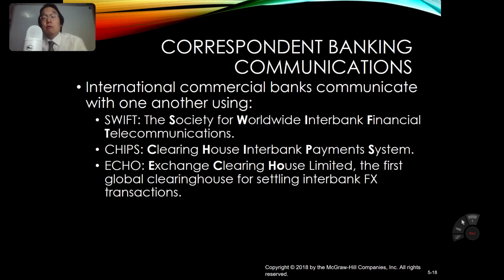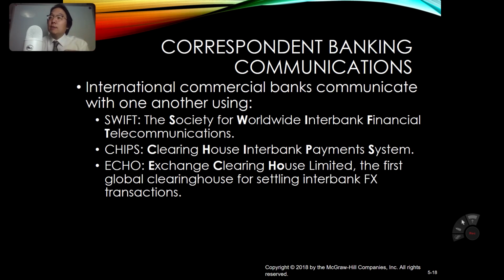So when you send money to somebody outside Korea, the bank always asks you, what's the SWIFT code of the receiving bank account? SWIFT code is the receiving bank's unique number.